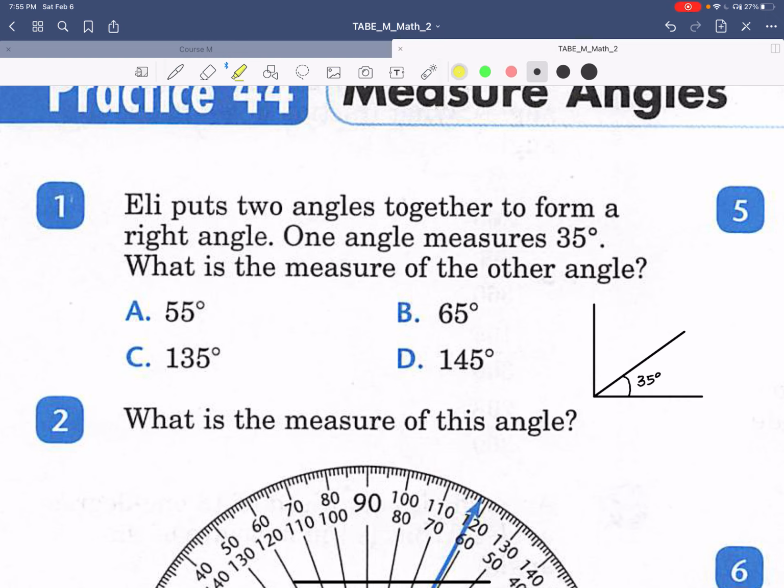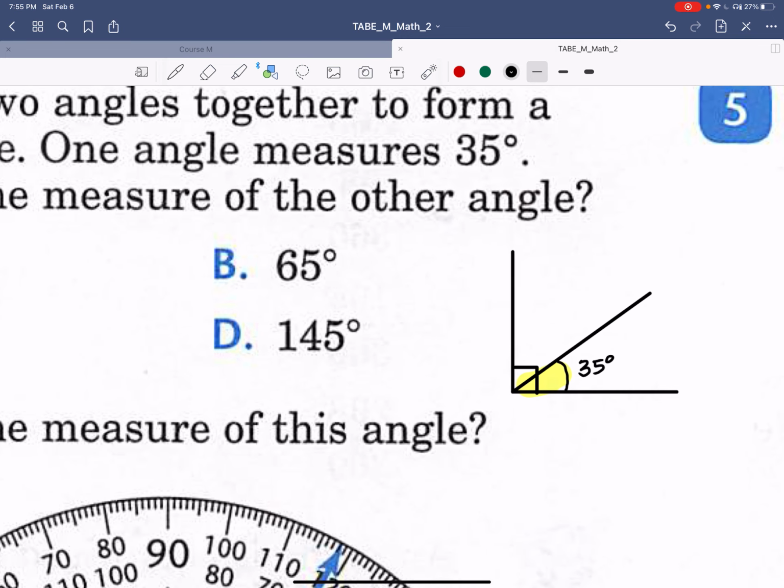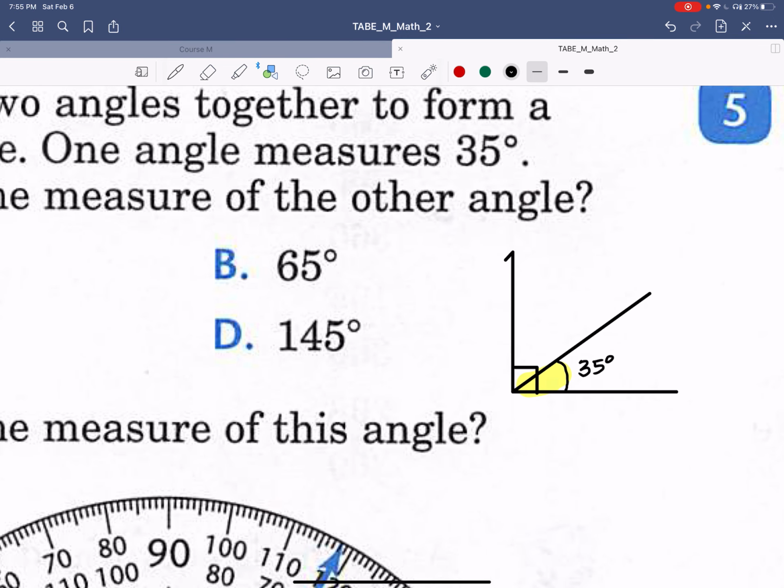Now we have to know what a right angle is. How many degrees are in a right angle? And there are 90 degrees in a right angle. So we're looking for the complement of 35 degrees.